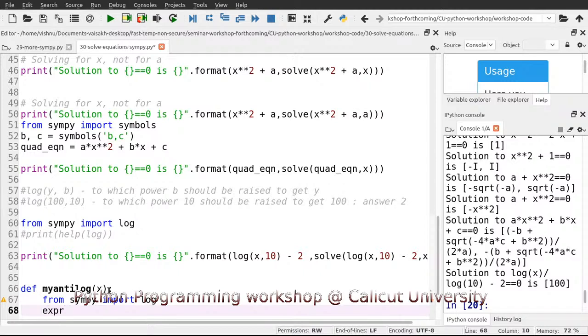So what is next? Our expression is log. What are we trying to solve? log x to the base 10 equals, oh sorry, this is some value, so y.